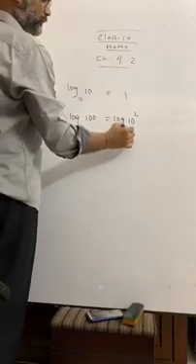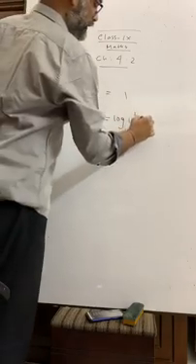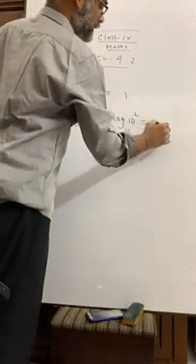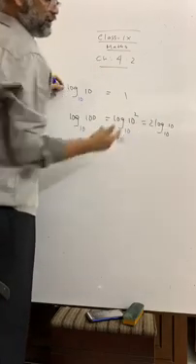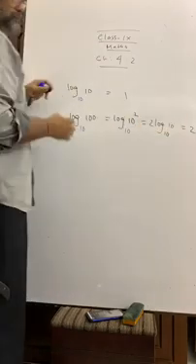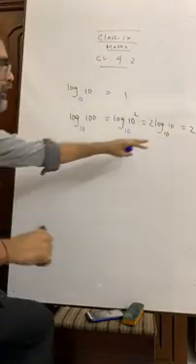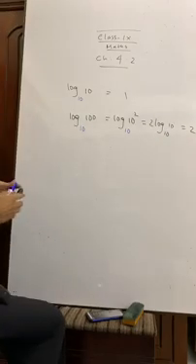That means we can write 2 log 10 base 10. Log 10 base 10 equals 1. 2 into 1 equals 2.